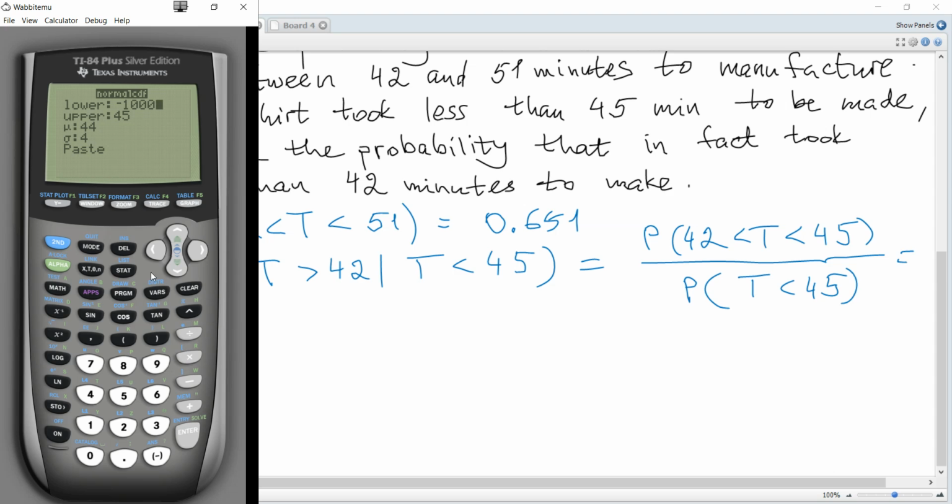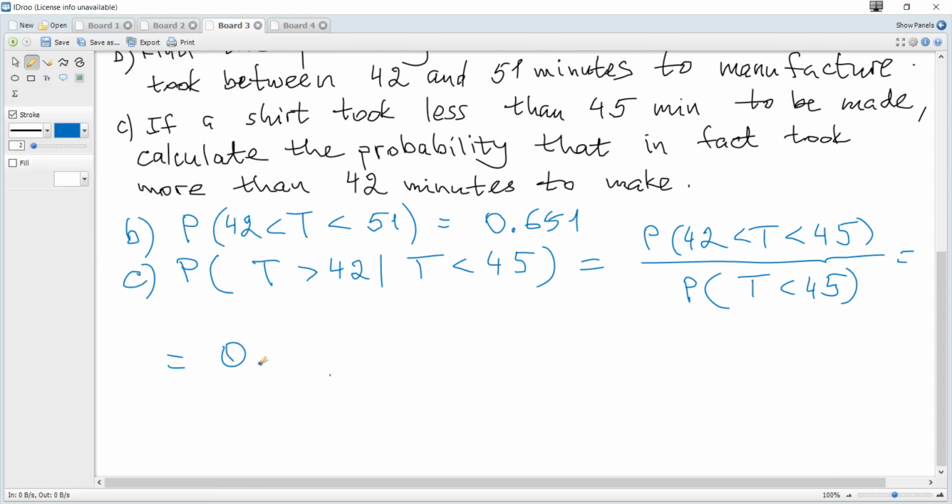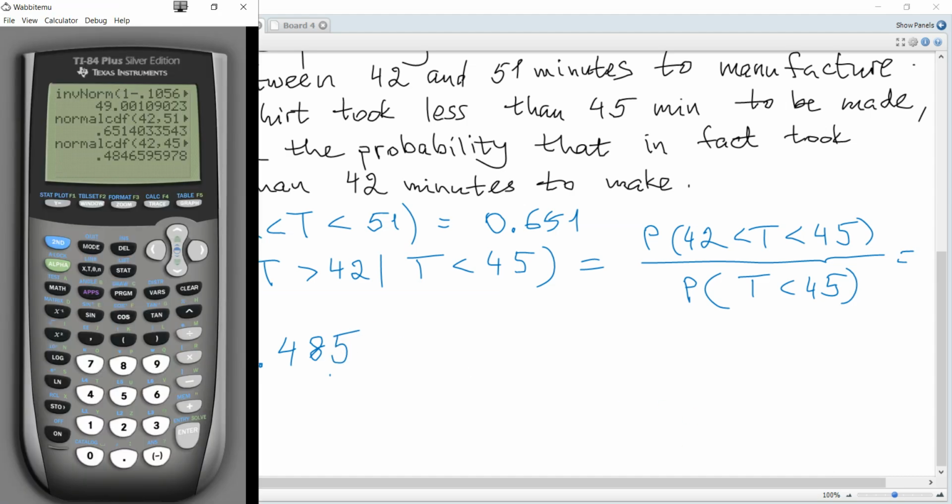In general it's negative infinity, but it decreases very rapidly, so negative 100 or negative 1000 is enough, and upper 45 and same, and we get that it is equal to 0.485 to 3 significant figures.